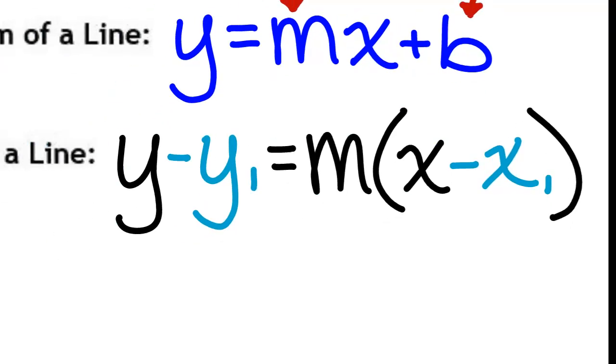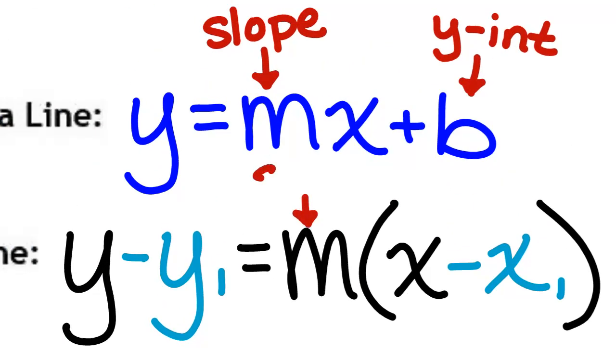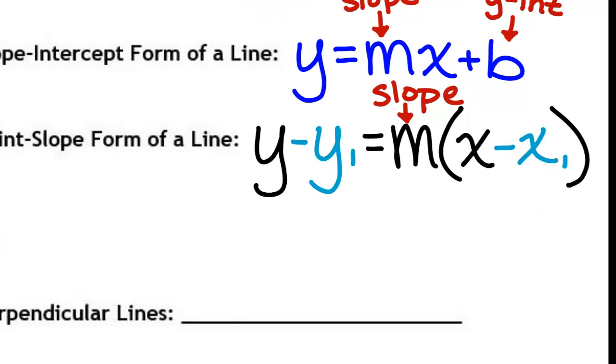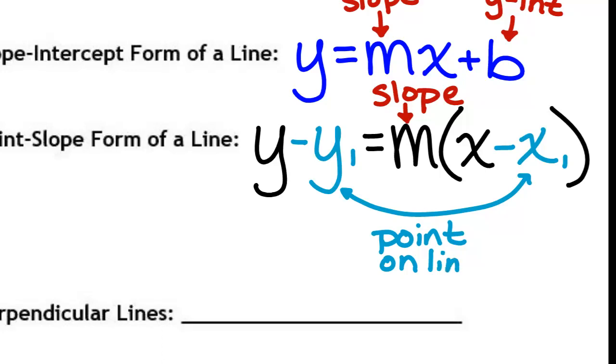Where once again, m is our slope. And y1 and x1 are a known point on the line.